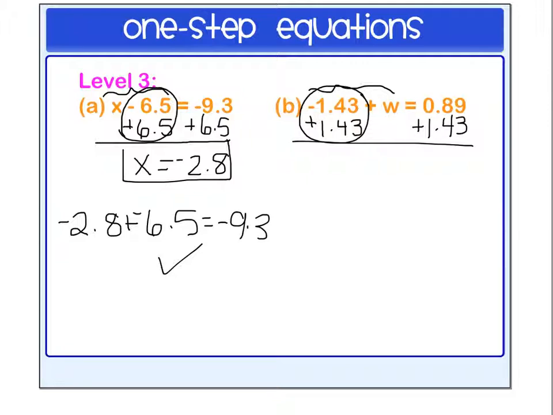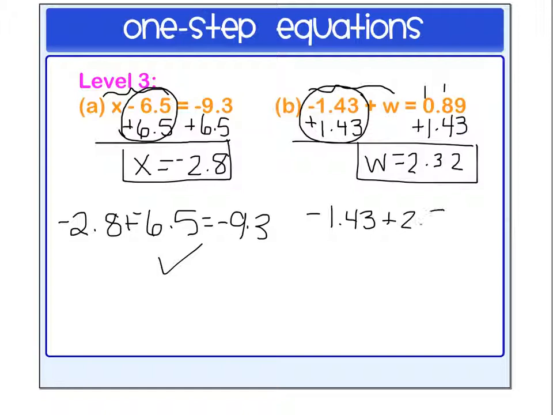So to both sides, we have to add 1.43. In this case, we've got to add 0.89 plus 1.43, and that gives us 2.32. Negative 1.43 plus 2.32 does give us 0.89. So it does check out.